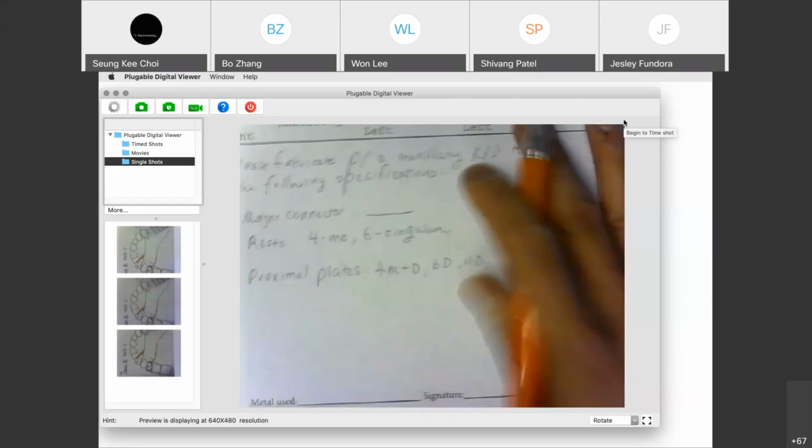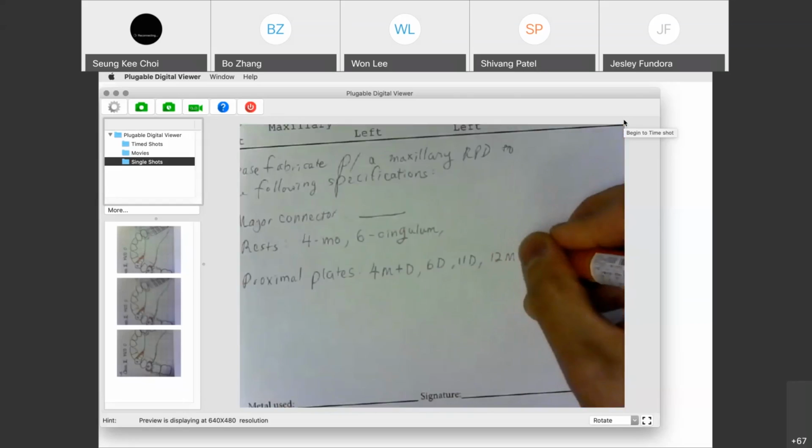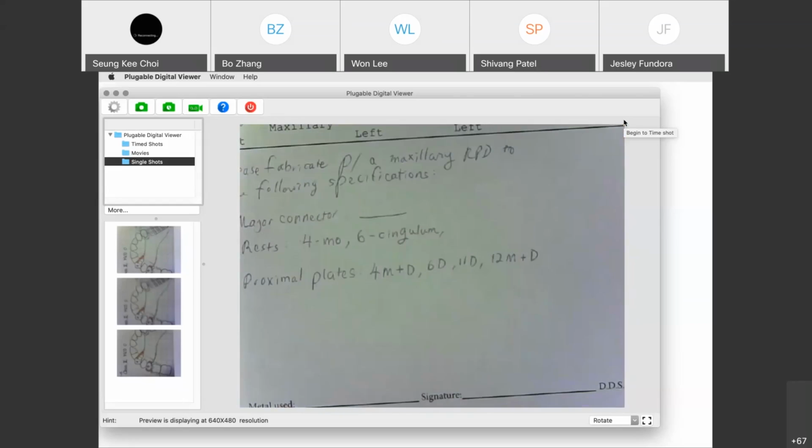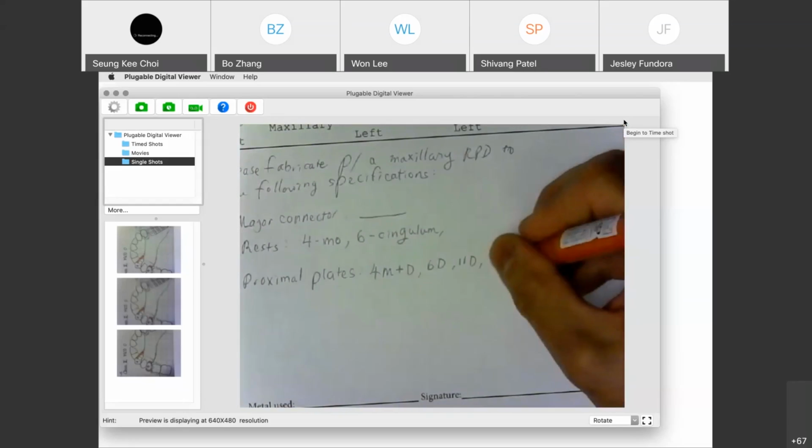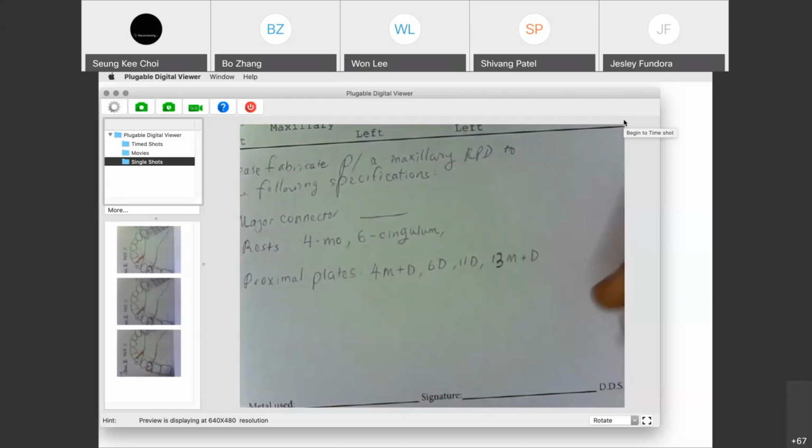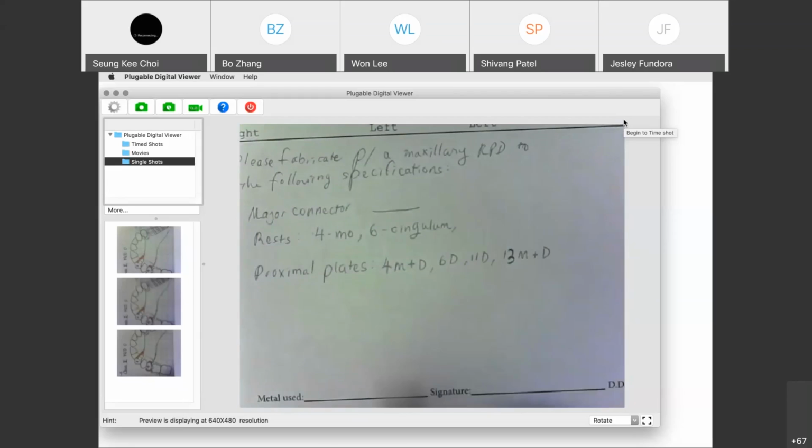And it's the same on the other side, except it's on tooth 12. Okay. Did I mess up again? Yep. 13.